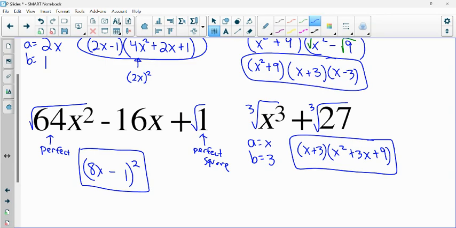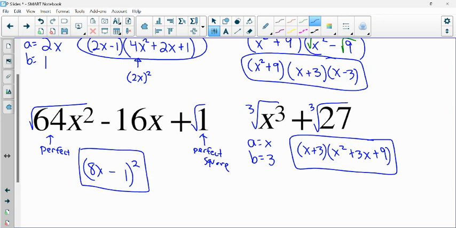I will give you the sum and difference of cubes formula for the test, but you are not allowed to use the flowchart. Okay, the flowchart is something you kind of just want to start remembering, get used to it. You can always create it if you want, but all right.